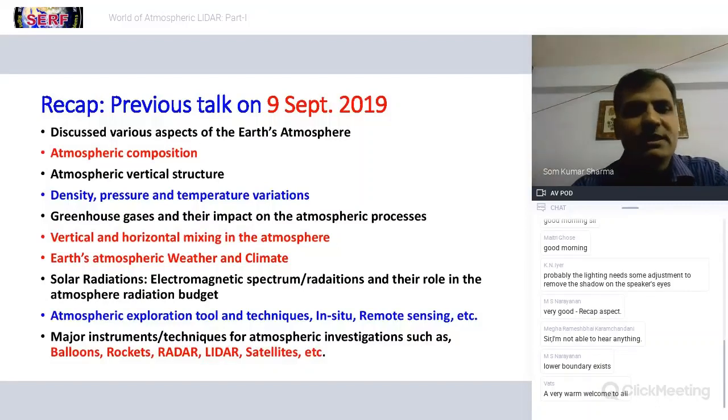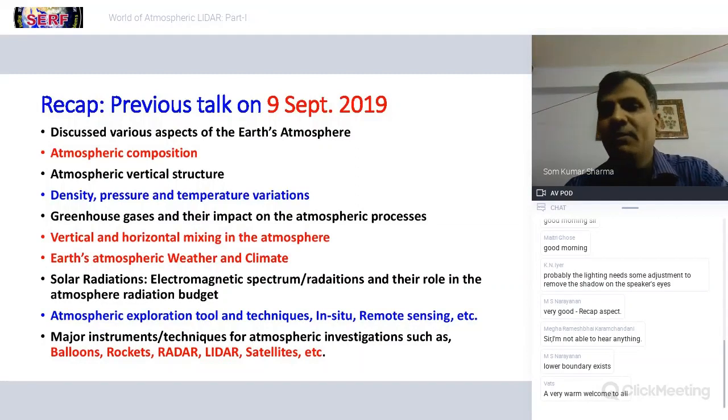So remote sensing is a very important and strong tool for atmospheric investigations, and it is being very effectively utilized for science, academic purposes, and most importantly for the benefit of humankind.